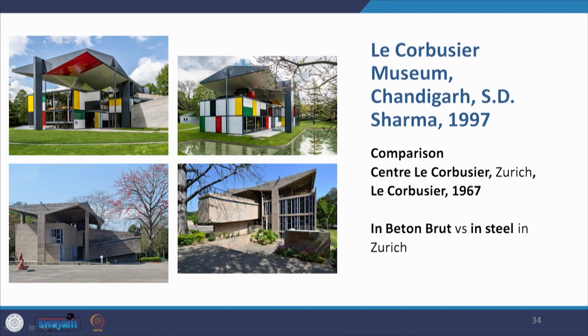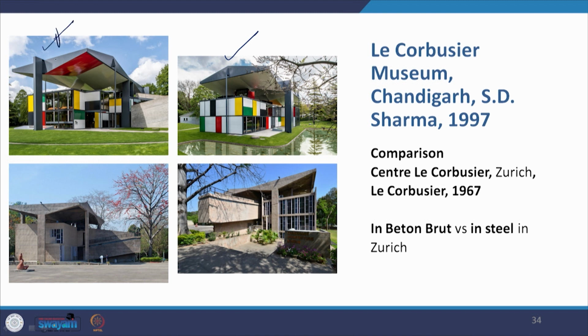Now one example of this clear influence of brutalism or the work of Corbusier is that he did the Centre Le Corbusier in Zurich in 1967, and this was in steel, and this was then adapted in béton brut by S.D. Sharma in 1997 for the Le Corbusier Museum in Chandigarh.